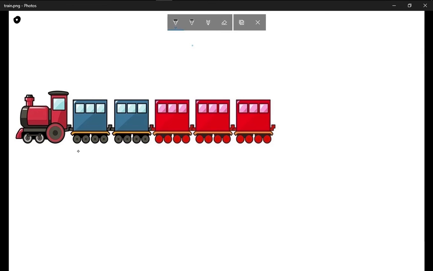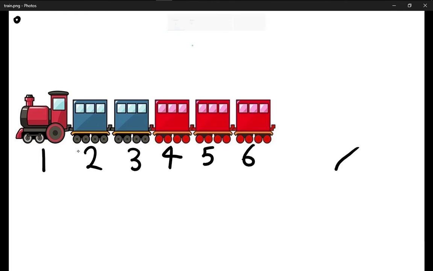Now let's try another example. Do you know what this is? This is called a train. Let's count the parts of the train. We have 1, 2, 3, 4, 5, 6 parts of the train. So the total number of parts in this train are 6.